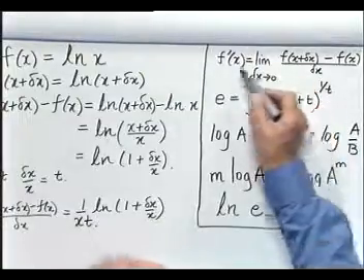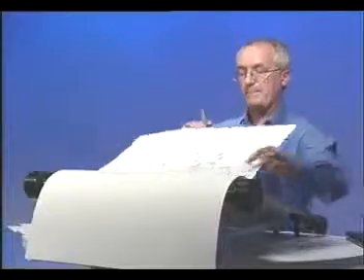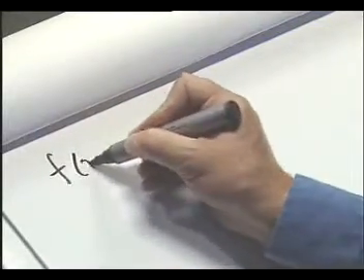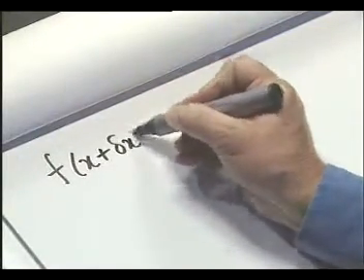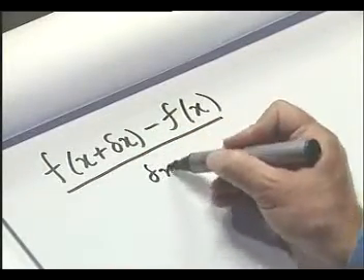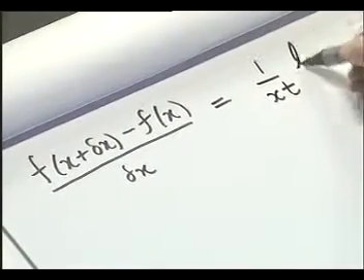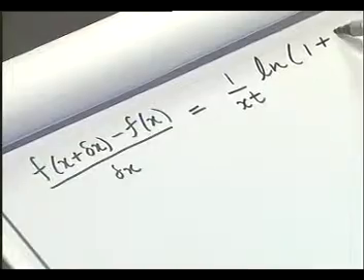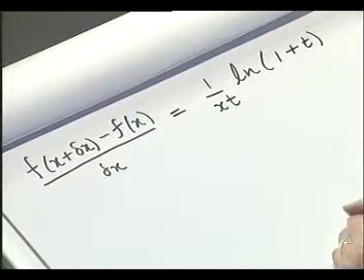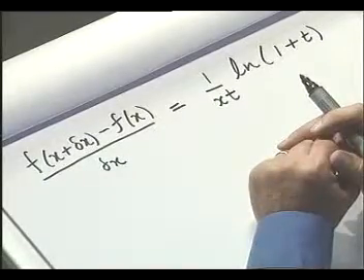So this is the expression for our derivative. The only thing we have to do is take the limit as delta x tends to 0. Let me write that expression down again. So that's where we'd got to. And what we want to do is let delta x tend to 0 now.